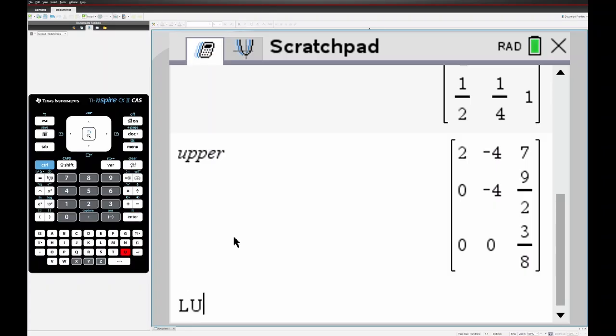No, it's not unique. LU is not unique. So the calculator is using a different algorithm. And I don't even know what Mathematica would give you. Probably not the same as the calculator.